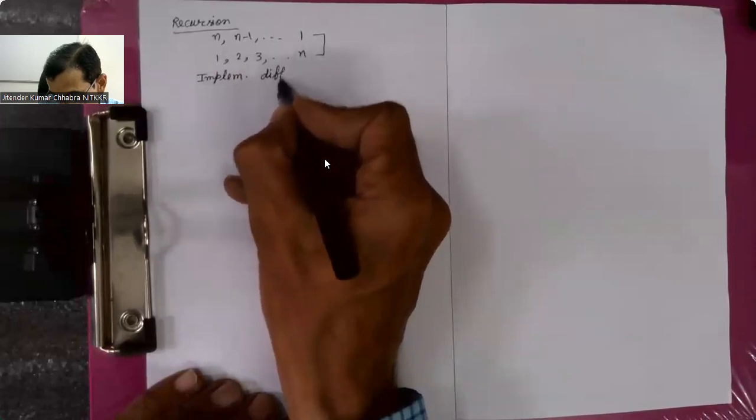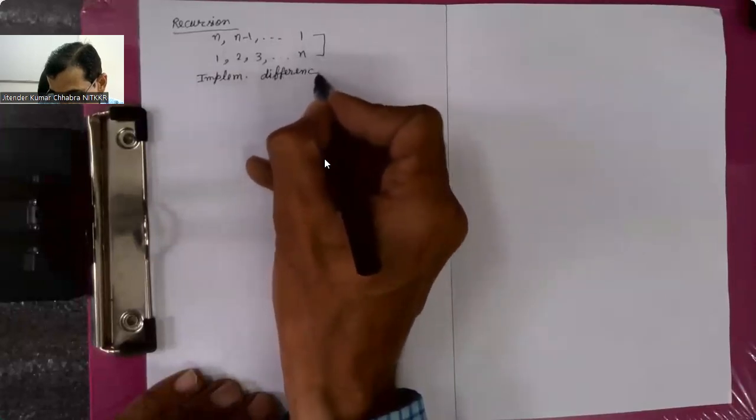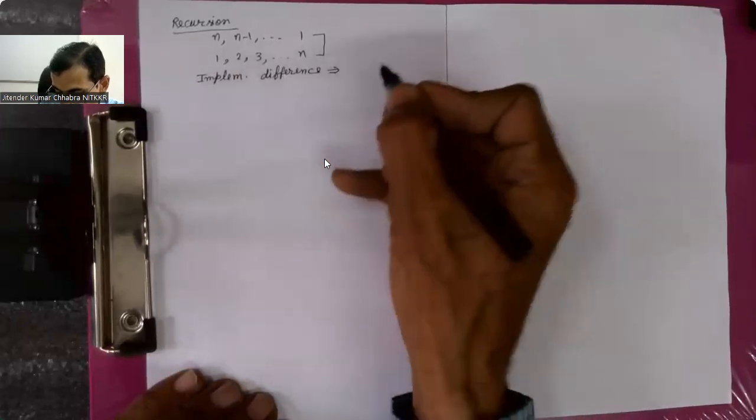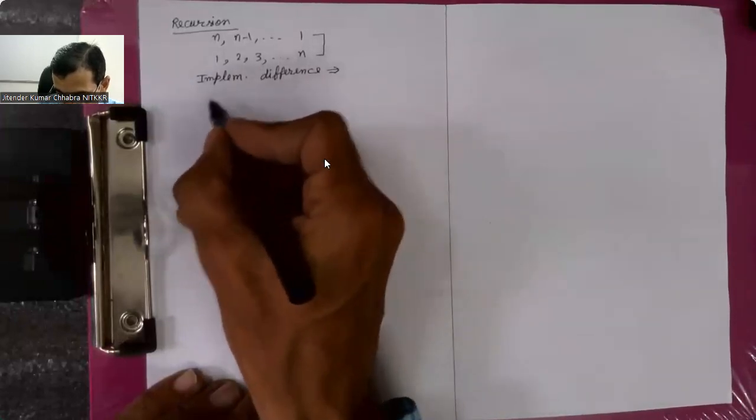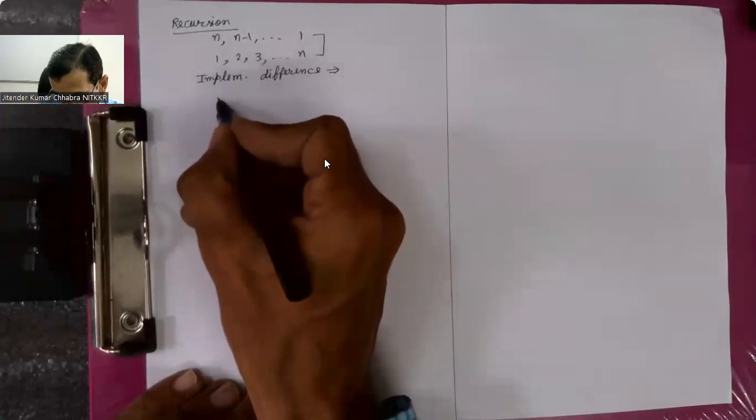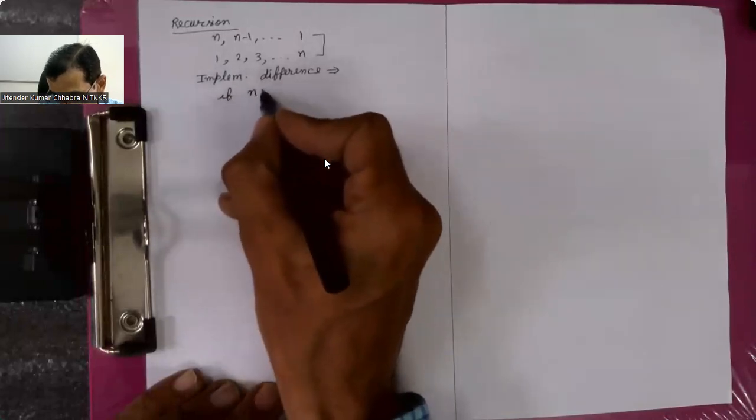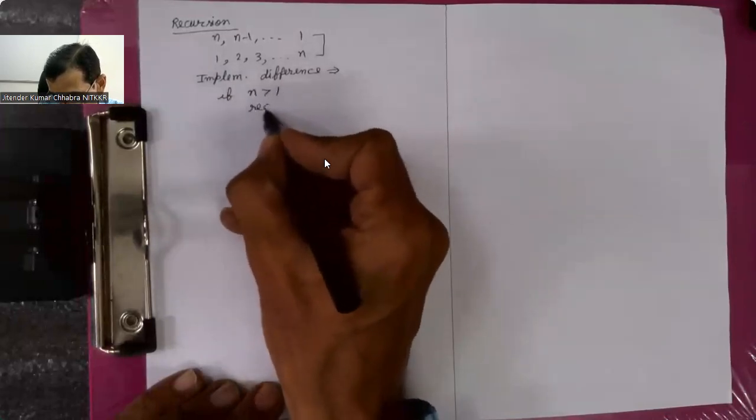Of course, you could have done it in different manners, but assume that you always have your stopping condition: you always say if n is greater than 1, then it is recursive.